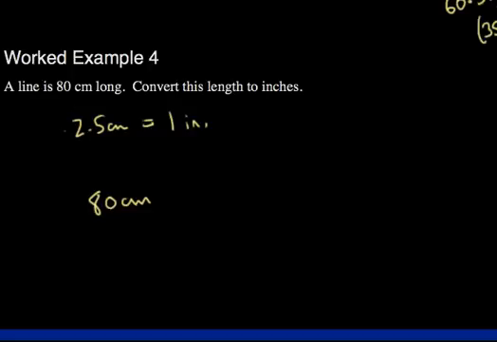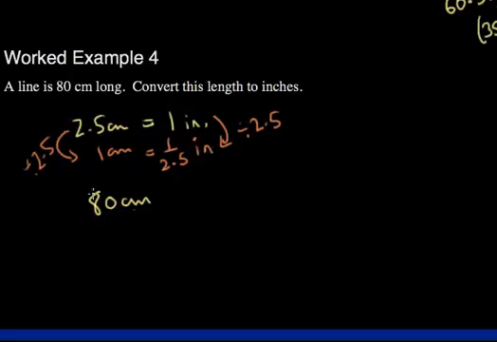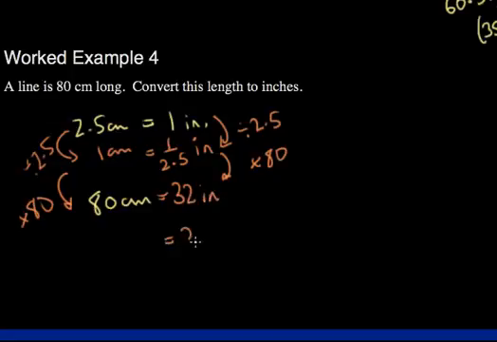So if we divide this by 2.5, that will give 1 centimeter, and we do the same to this side, divide that by 2.5. And then we would multiply that up by 80, which would be 80 divided by 2.5, which is 32. 32 inches.